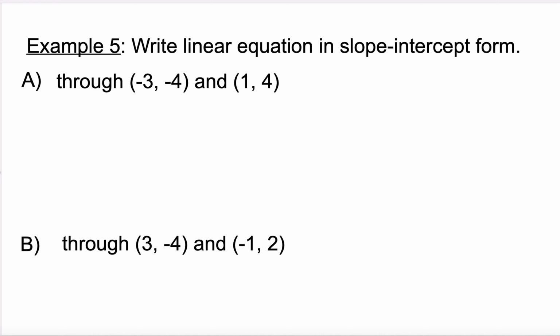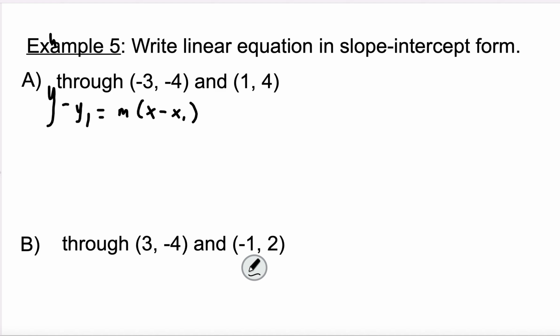All right, so now this time, the information we're given here is just 2 points. We're not given a slope at all. So because they gave us a point here, we're going to start here with point-slope form. So again, I'm going to use this form right here, y minus y1 equals m times x minus x1.